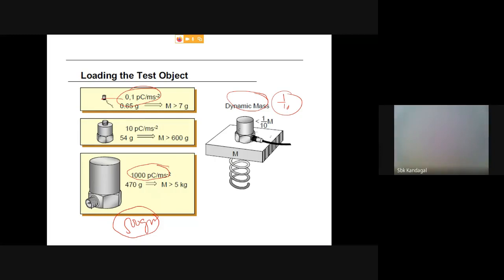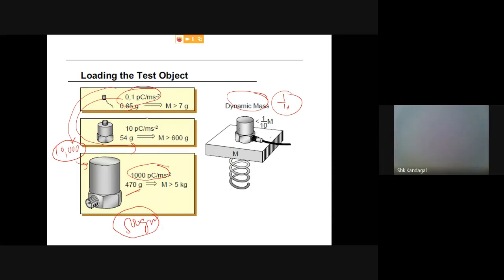You can just see the gain here. This is 10,000 times higher sensitivity-wise than this small one. The weight-wise also, you see this is 0.65 and this is 470.